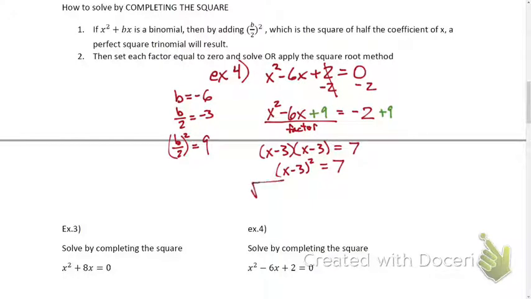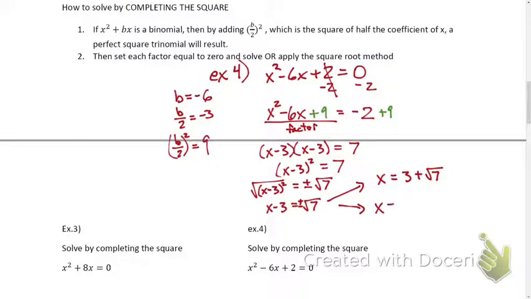Square root both sides. And we have one answer that looks like this. And we have another answer that looks like this.